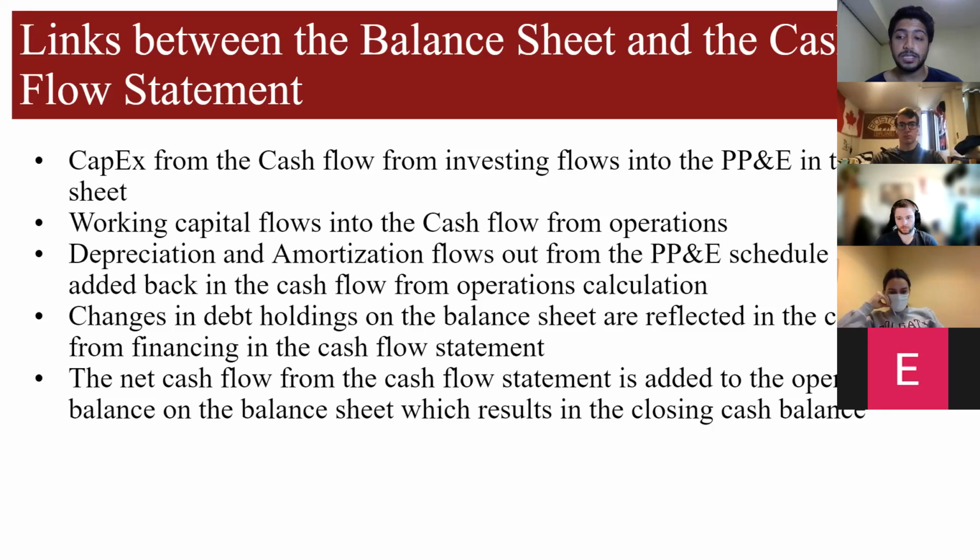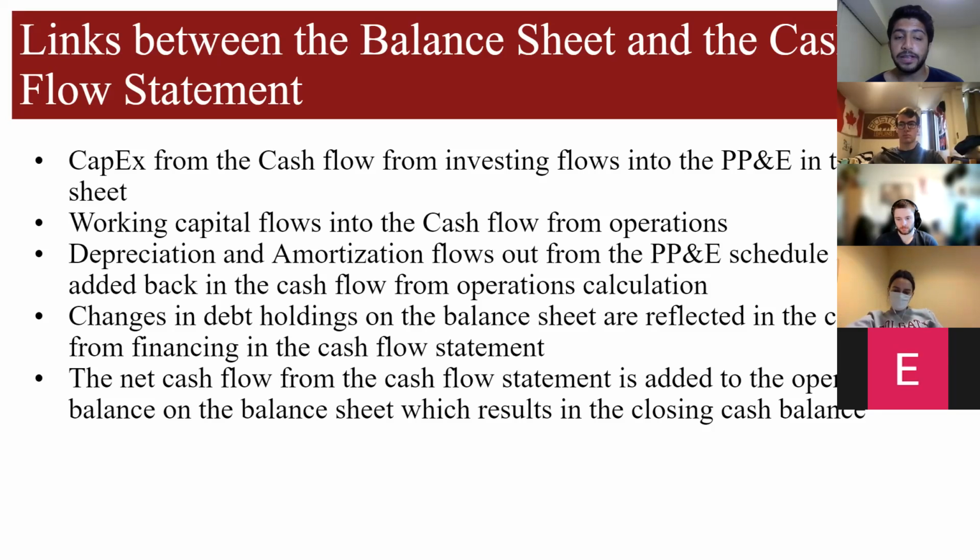So we have two balance sheets, the opening balance sheet and the closing balance sheet, to cover the financial period that we're looking at. The net cash flow from that period is added to the opening cash balance on the balance sheet, which results in the closing cash balance for the closing balance sheet for that year.